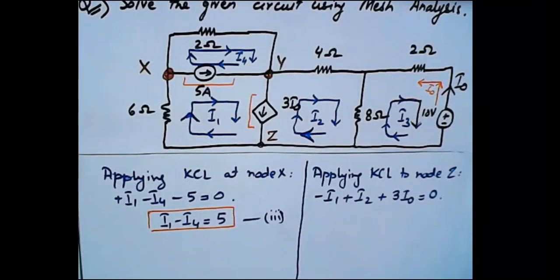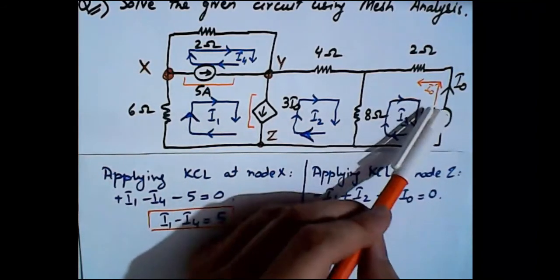Since their paths are the same, I0 and I3 will be equal. But one more thing that we need to see is that their directions are different.